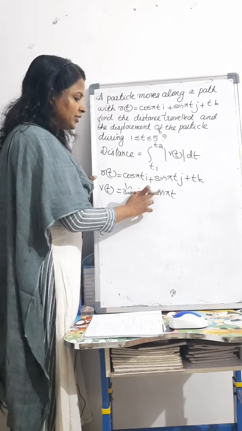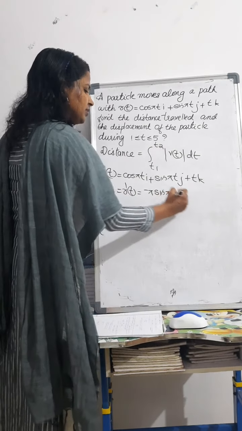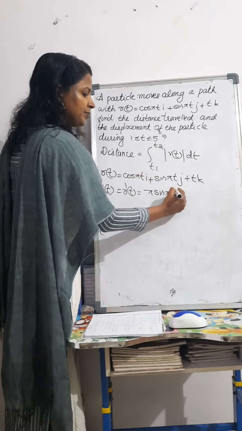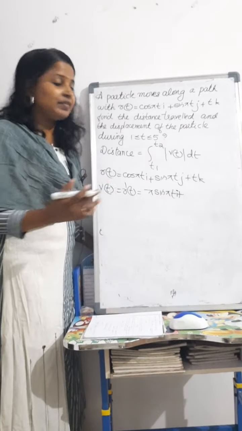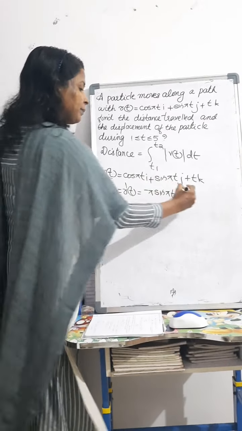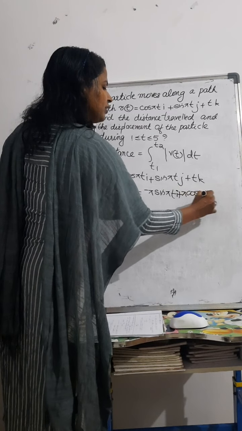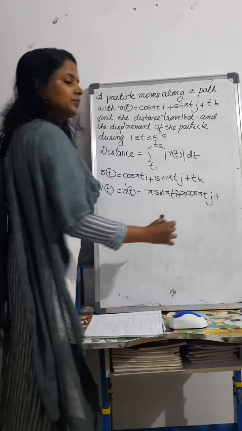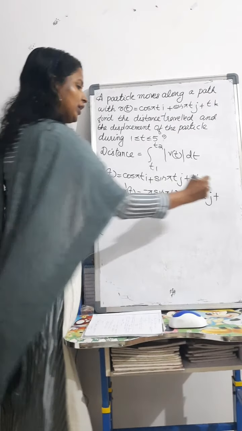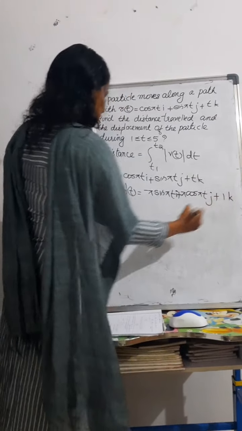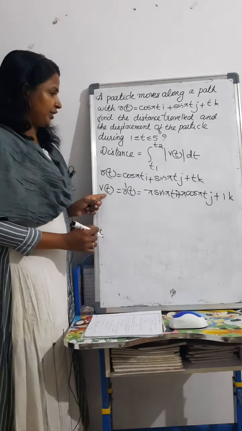So minus pi sin pi t i plus, the derivative of sin pi t is cos pi t into pi j, plus the derivative of t is 1, that is 1k. This is v of t.